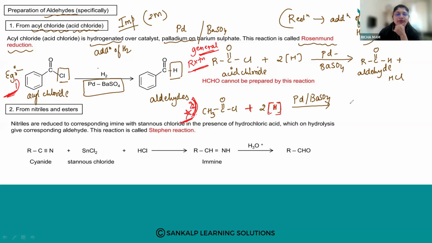What will be the product? What you can see here, your Cl is replaced by H. So here also it will be the same. So what will it be? CH3, C double bond O, H plus HCl. Right?